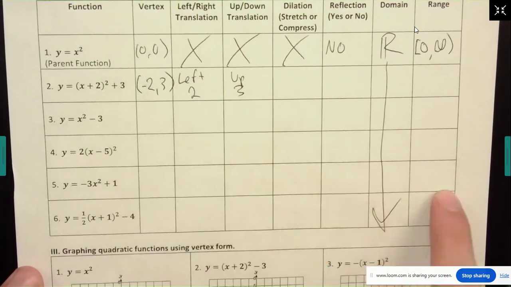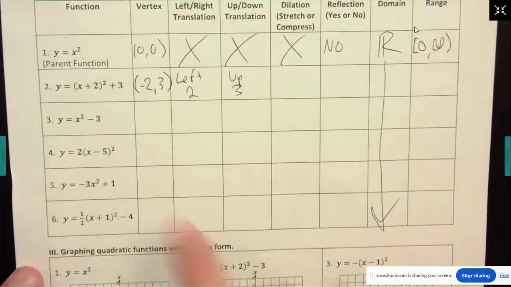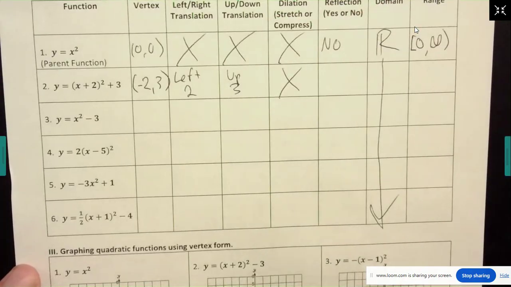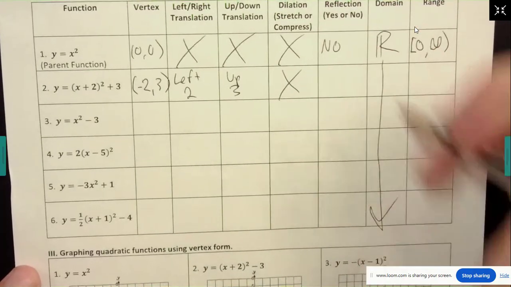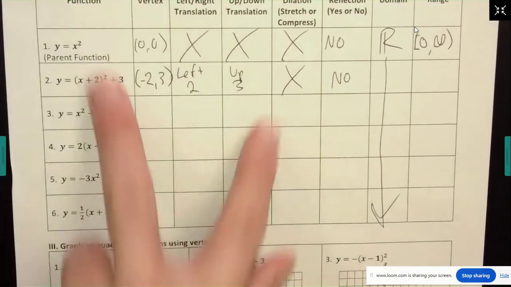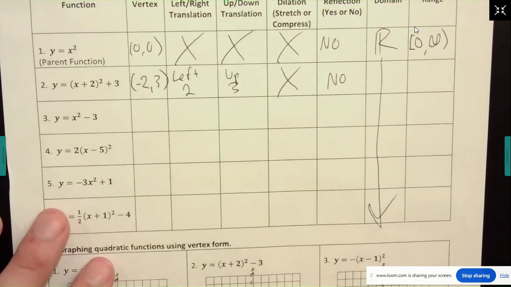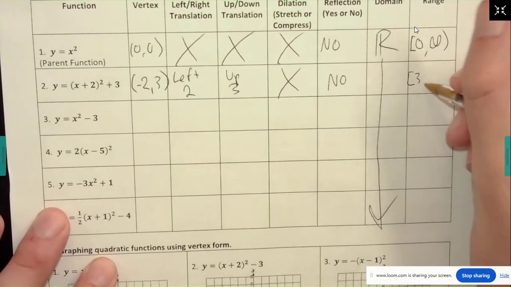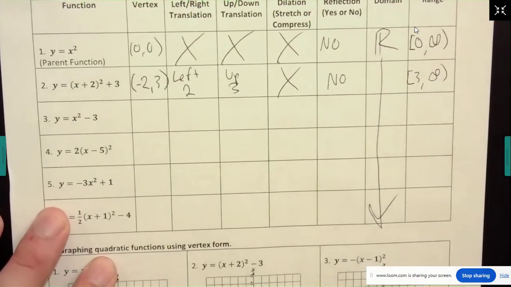Dilation. Do I have an A value out in front? Nope. Do I have a negative out in front for the reflection? Nope. And my range, since it's not flipped, we're going to be making a smiley face. That y value is 3, so we have a low point of 3, and it goes to infinity.